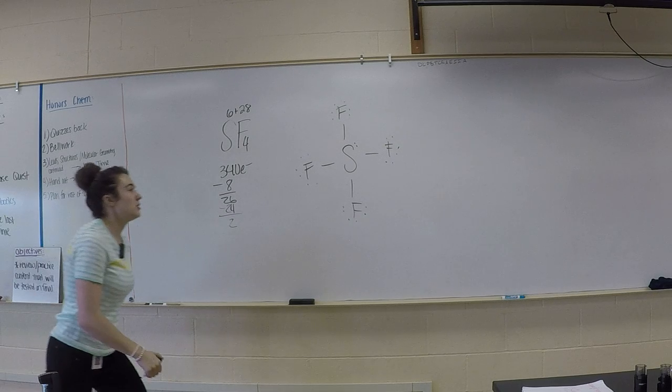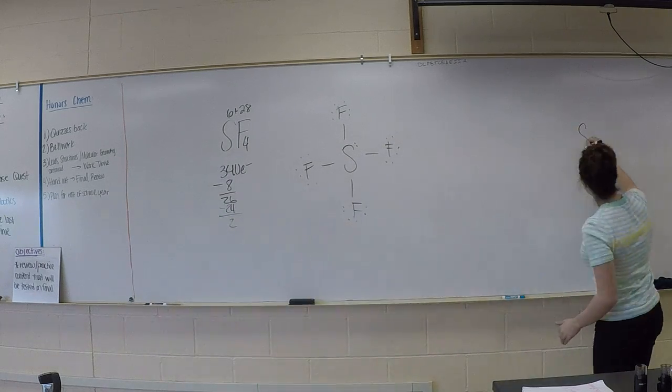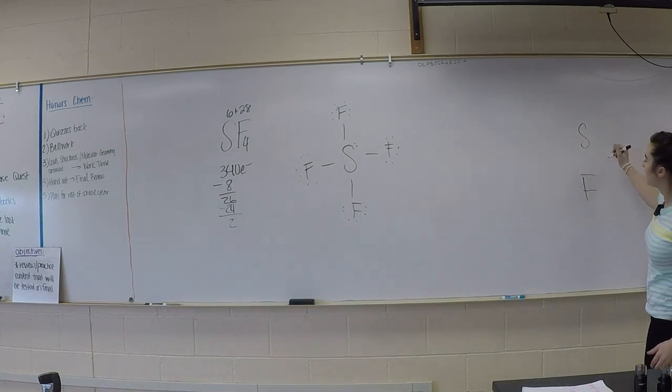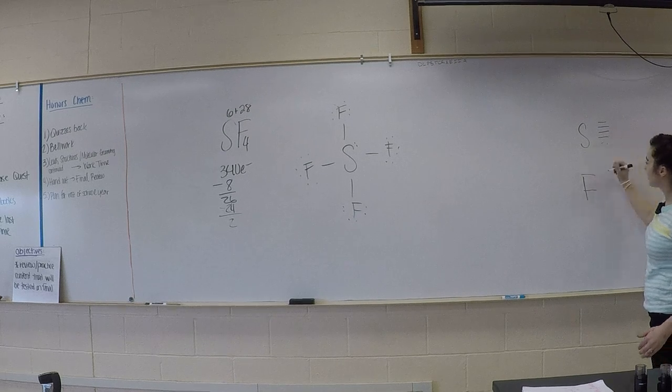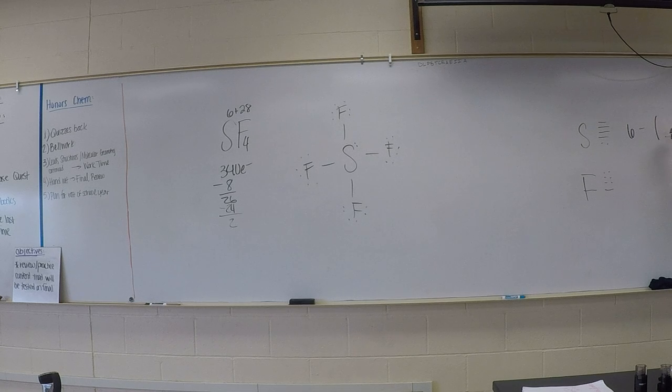All right, so when you check their formal charges, 1, 2, 3, 4 dots. 6 minus how many bonds? Plus how many loners? Equals, sweet. 7 minus how many bonds?